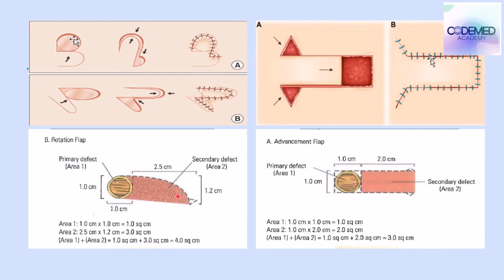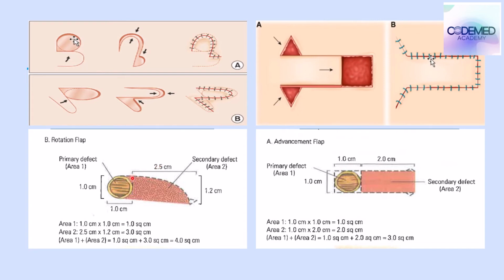So these are examples which are given in your book, and pay attention to that. For example, here they have given that a 1 centimeter primary defect was there, and to close that we have created a flap, and that flap was 2.5 centimeter into 1.2. Remember, whenever we take out the area, the math formula is length into breadth.